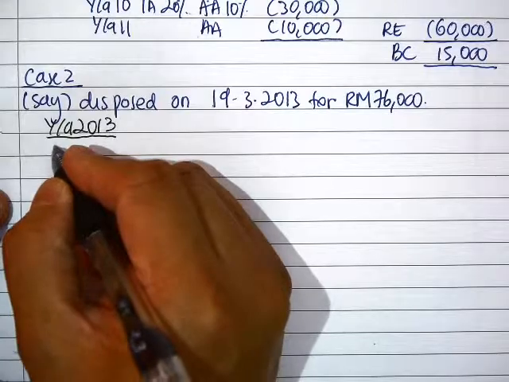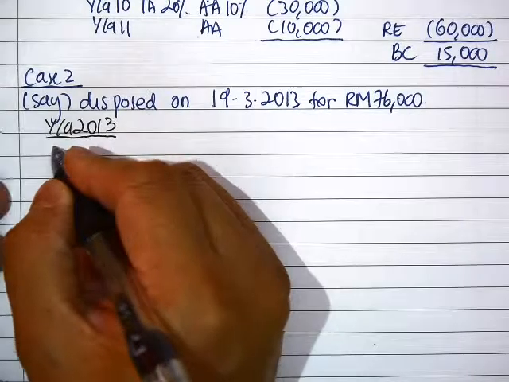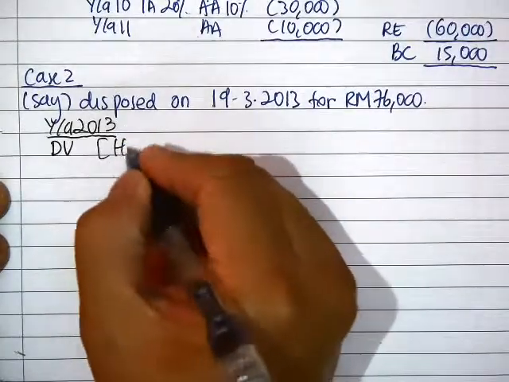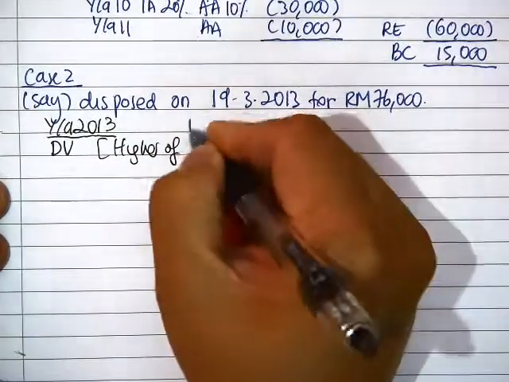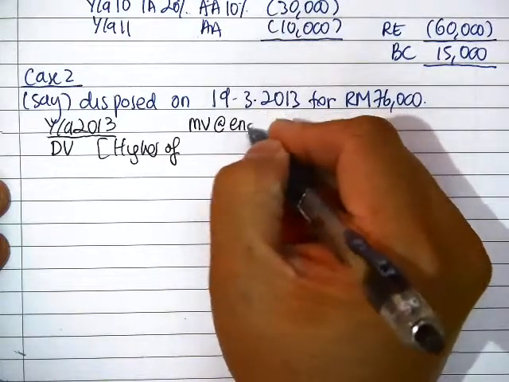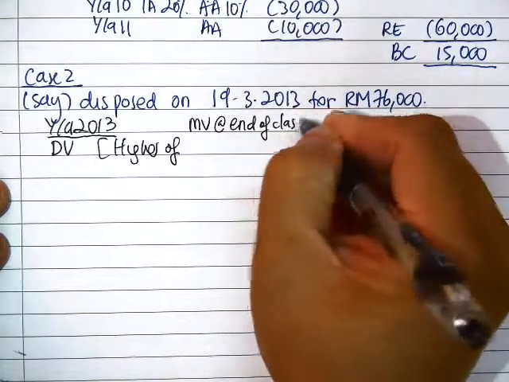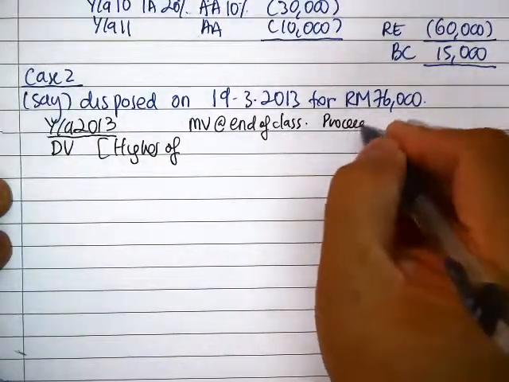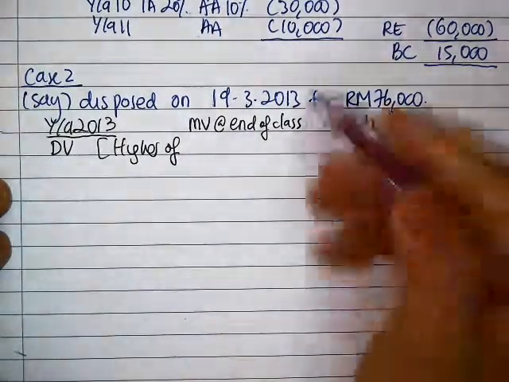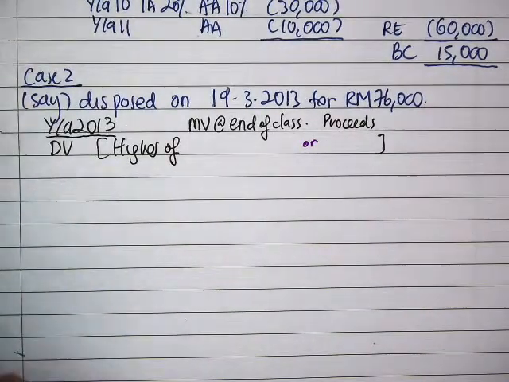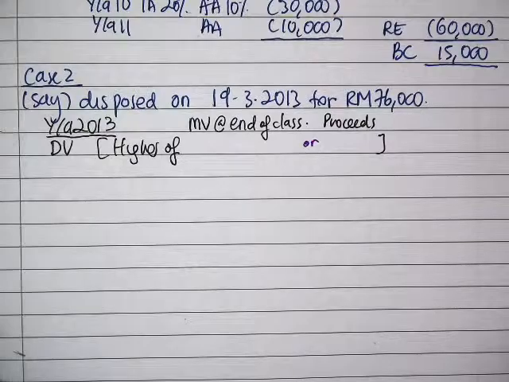Okay? Now, so what happened is your DV will be higher of market value at the end of classification or the proceed. So this is how you do it at the end of classification.